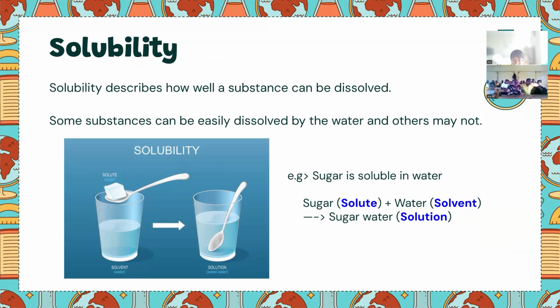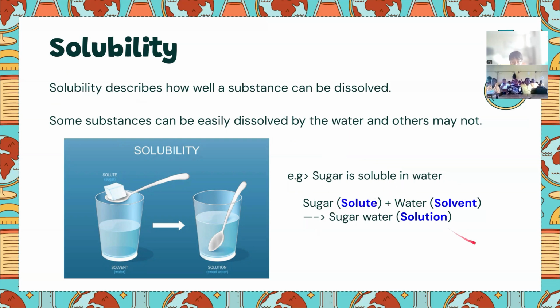Let's look at the next physical property called solubility. And solubility describes how well a substance can be dissolved. Some substances can be easily dissolved by the water and others may not. So sugar is soluble in water.